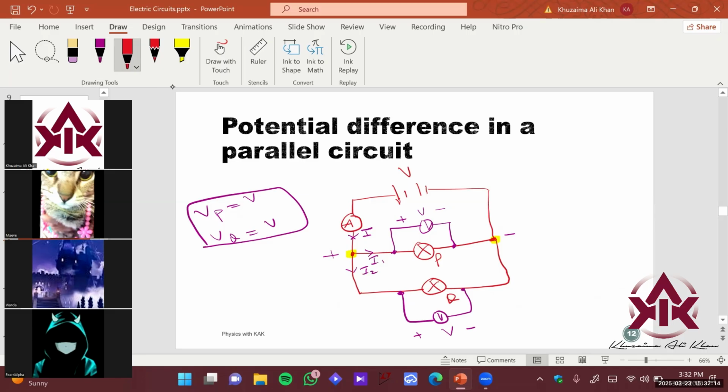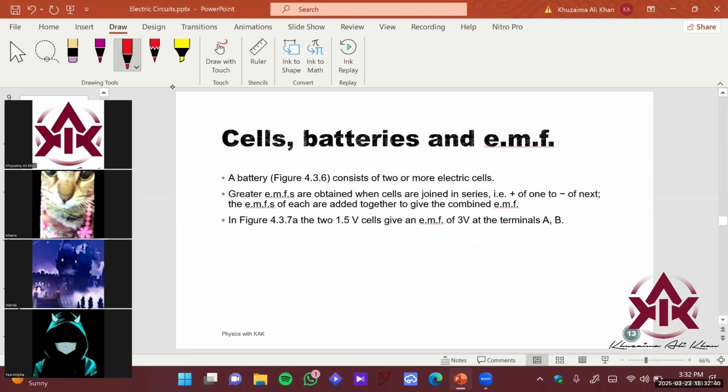So this is the relation: voltage in a parallel circuit remains same. ठीक है. This is just a formality and a recap of what we have done before.